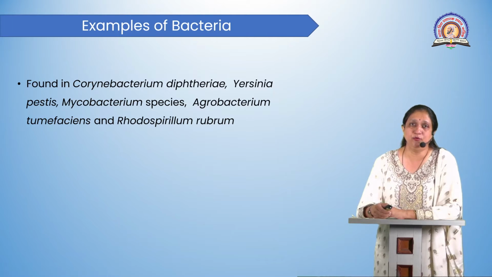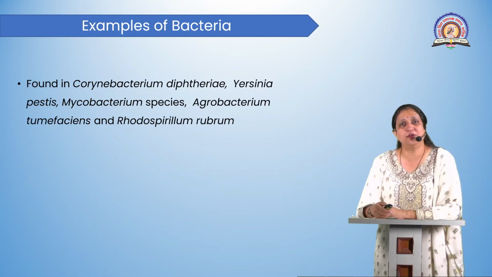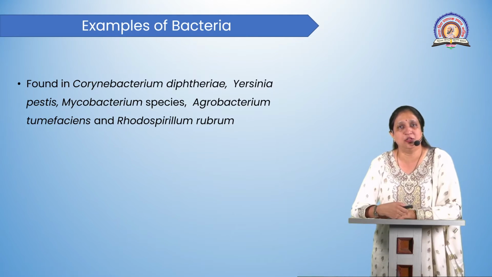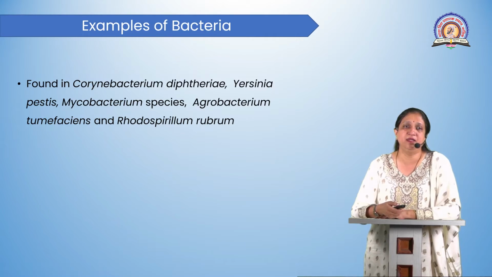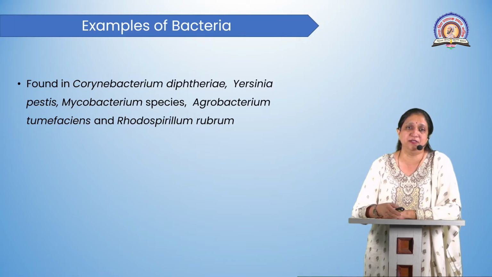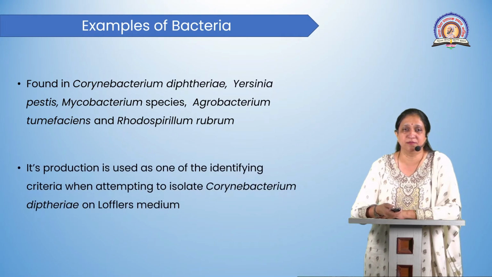So it can be used for the identification of the organism, whether the Corynebacterium organism is pathogenic or non-pathogenic. Along with Corynebacterium diphtheriae, Yersinia pestis, Mycobacterium species and species of Agrobacterium, that is Agrobacterium tumefaciens, and Rhodospirillum rubrum also have an ability to produce the metachromatic granules.